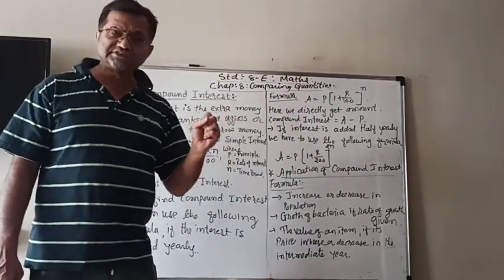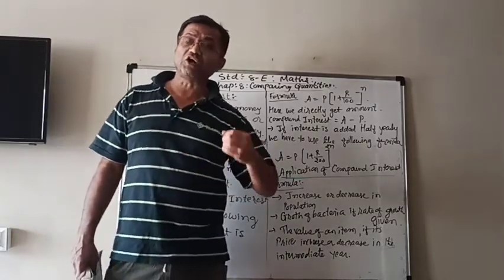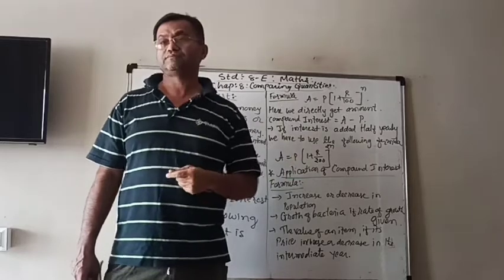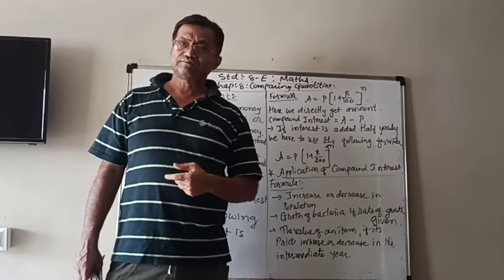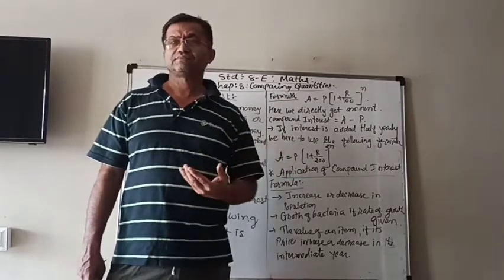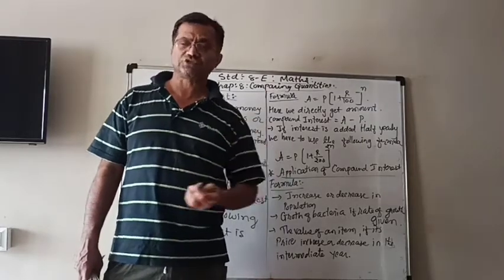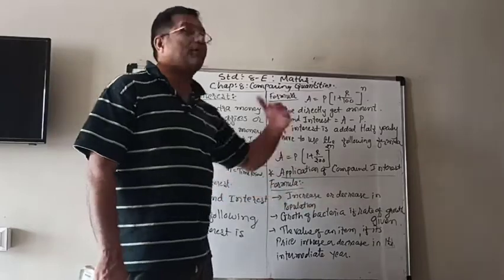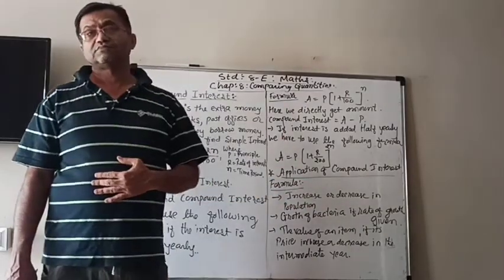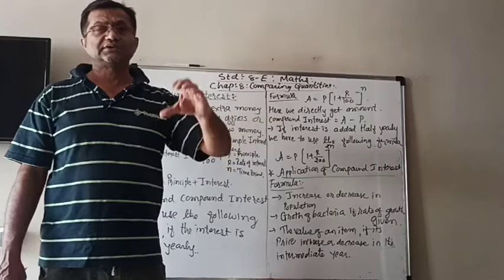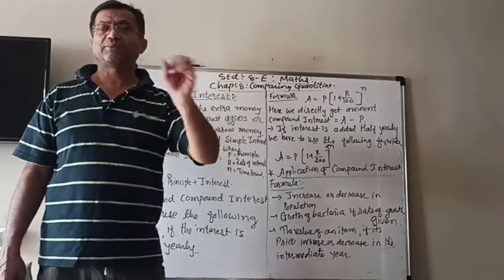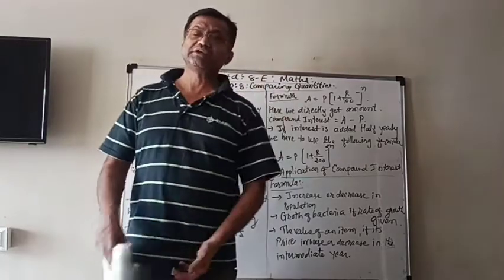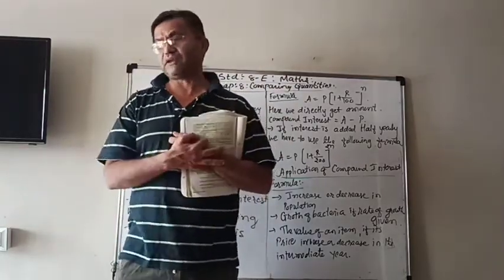Now this formula is not only used to get the compound interest, but its application will be in different ways also. For example, increase or decrease in population. Suppose a particular year's population is given and then the rate of increase is given.